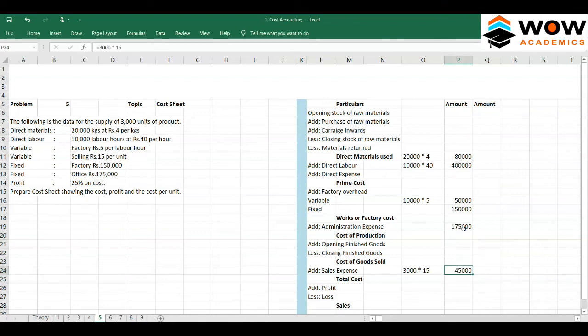Okay, so let's get the numbers here. So direct material used is 80,000. Prime cost is going to be 4,80,000, and we have works cost. So works cost is going to be 6,80,000 total.